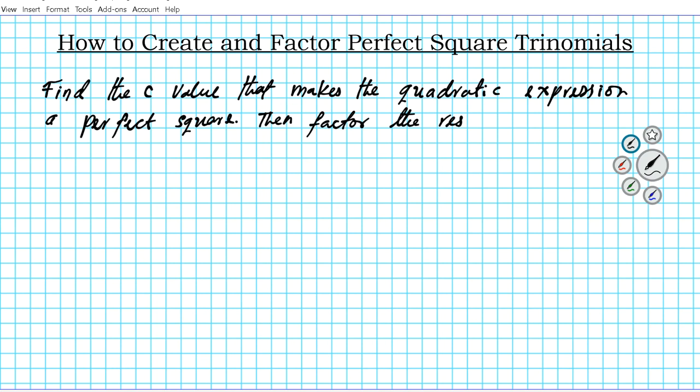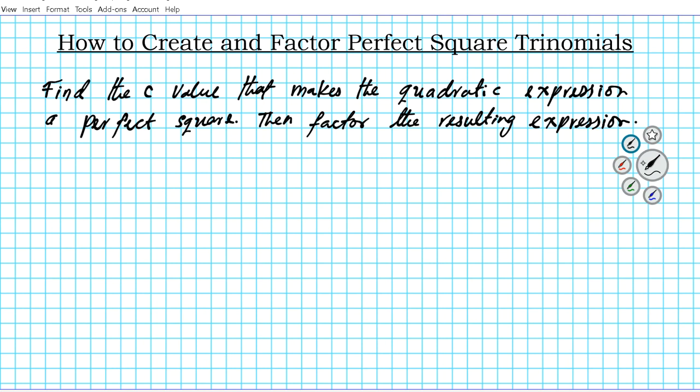Now, this particular standard that we're covering is required to carry out the completing the square algorithm for solving quadratic equations. This is one of the intermediate skills required.